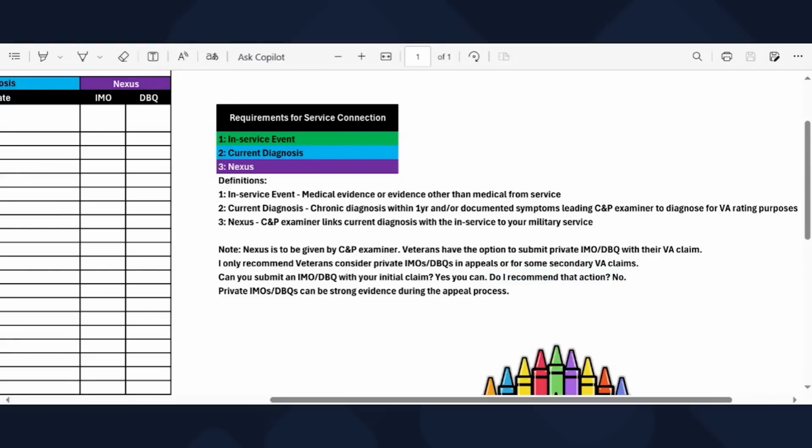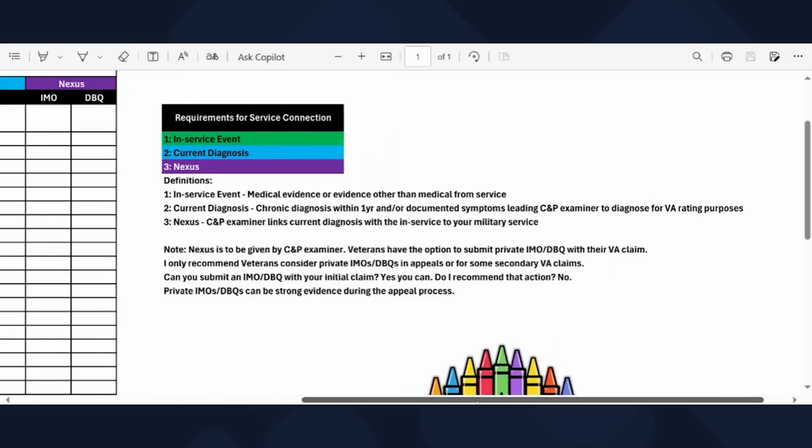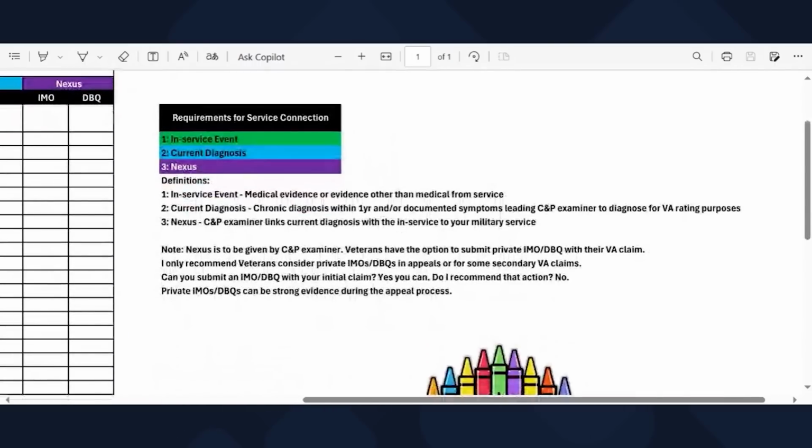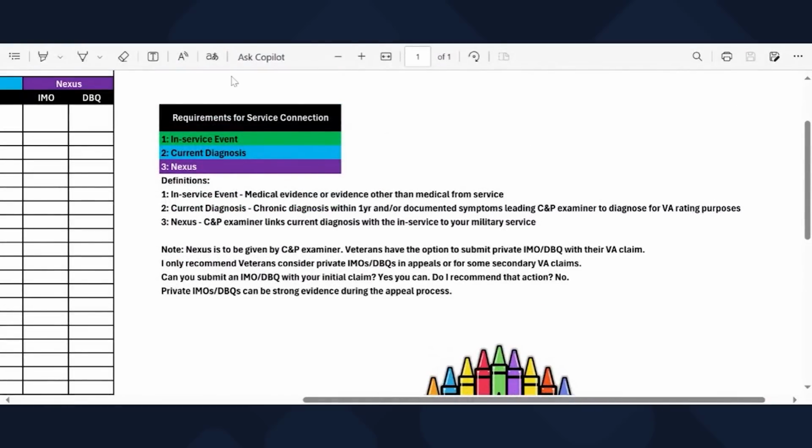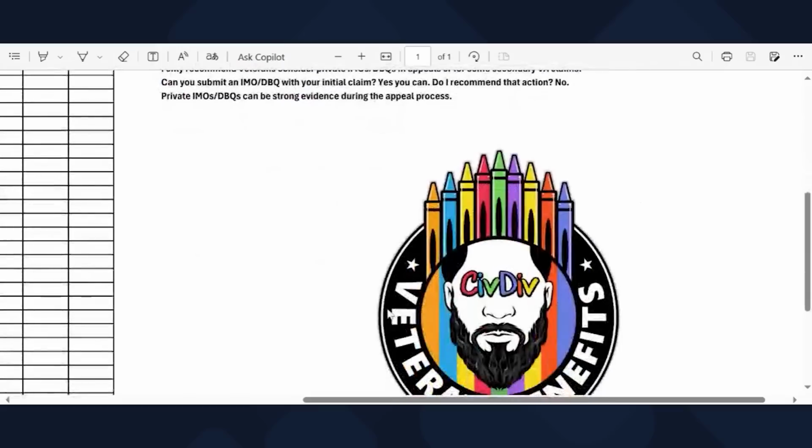If you have money coming out the wazoo and you can afford the medical opinion and you have zero issues doing that, then go for it. I'm not going to tell you not to. I'm just saying I don't recommend it. But in my opinion, IMOs and DBQs are strong evidence during the appeals process and for some secondary VA claims, right? Like depression secondary to mental health would at least prompt me to consider an independent medical opinion.